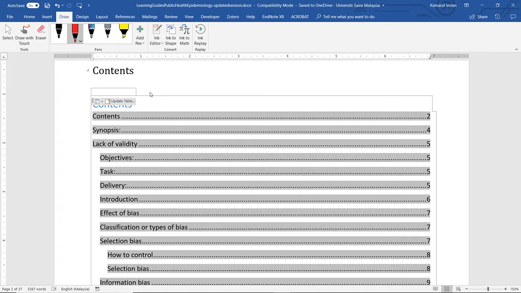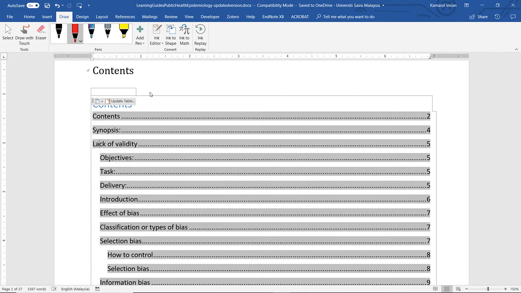Then we go to the introduction about lack of validity, the effect of bias. So lack of validity actually means bias, and then how do we classify bias?